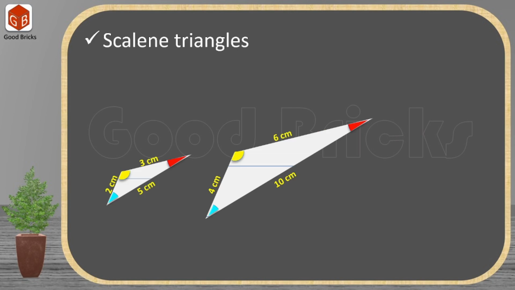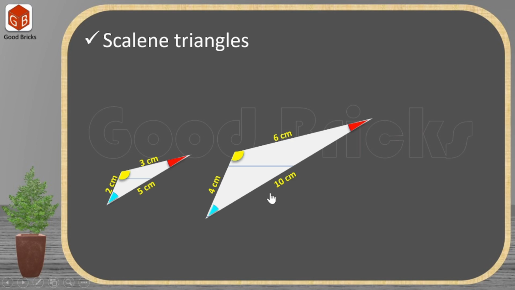Now we have taken scalene triangles, which means all the three sides are not equal. And here on the screen you have two scalene triangles which we have taken from the paper. If you observe corresponding sides, 2 into 2 is 4, 3 into 2 is 6, 5 into 2 is 10.